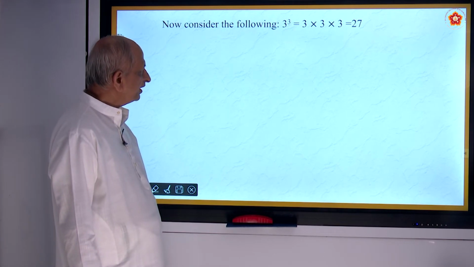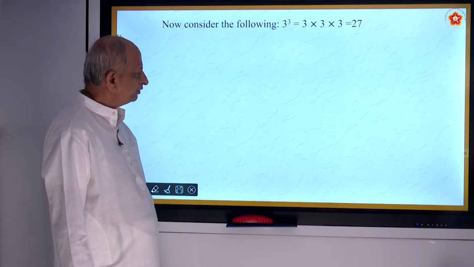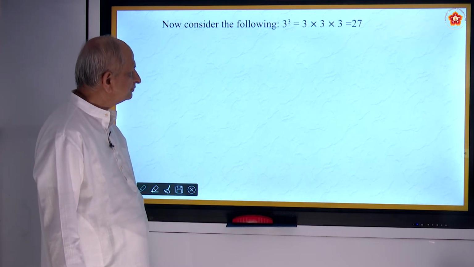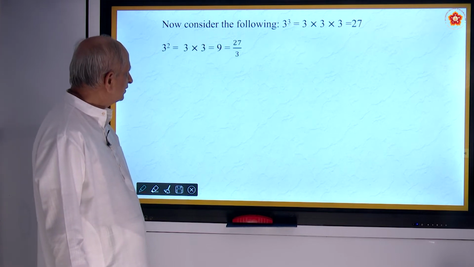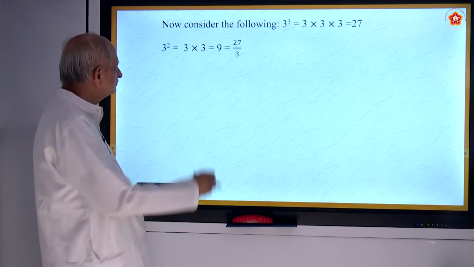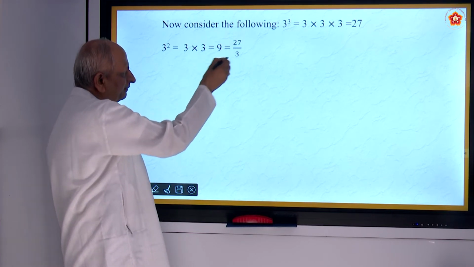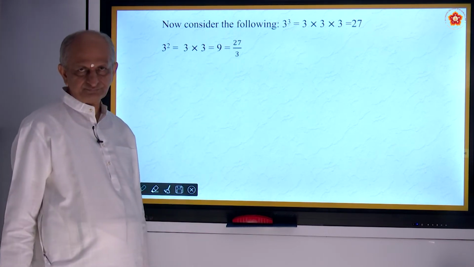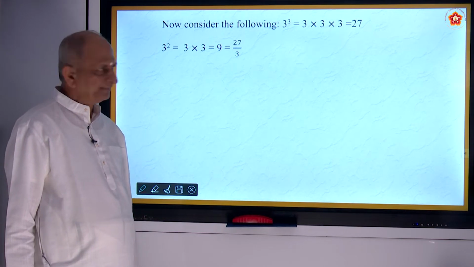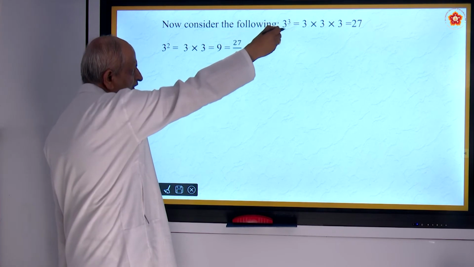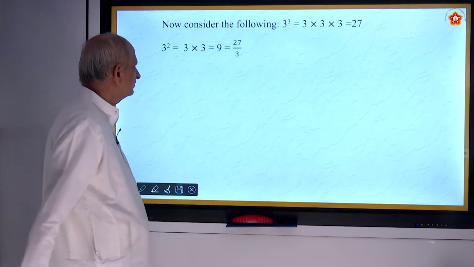Now consider the following: 3 cube is equal to 3 into 3 into 3, that is 27. Okay. So what is 3 square? 3 square is 3 into 3, that is 9, that is 27 by 3. And that is 3 square. 3 cube is where you multiply 3 three times.